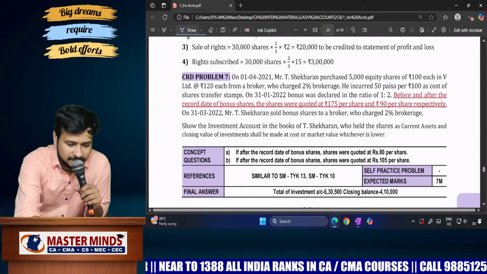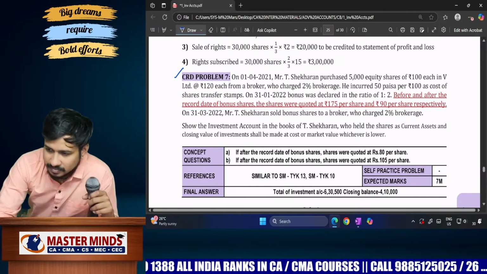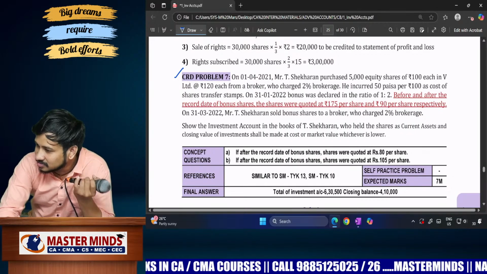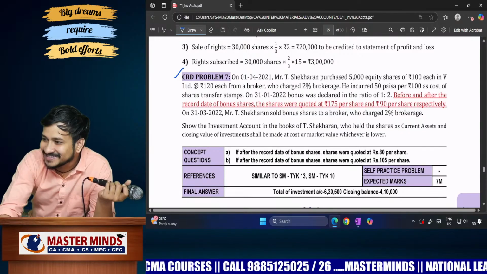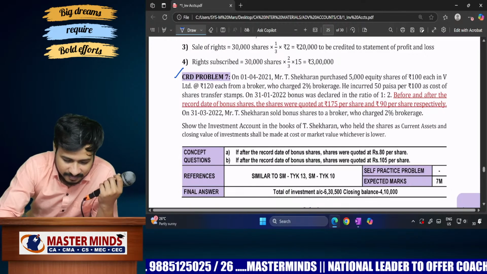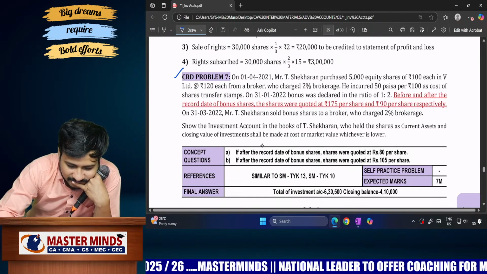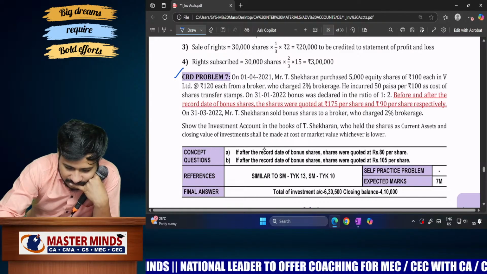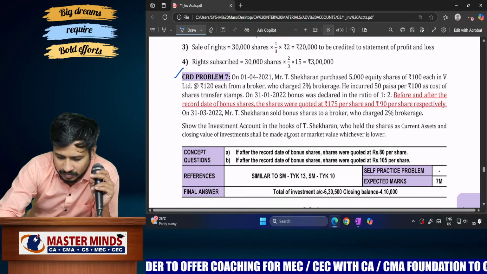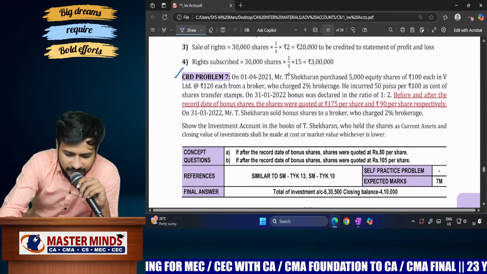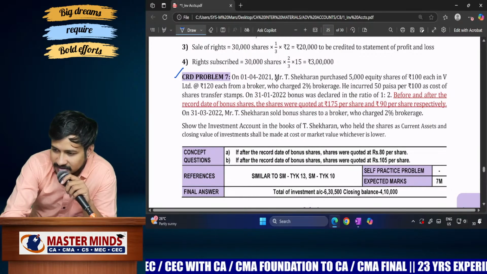CRT number 7. Please start reading. If you observe, again there is no opening balance in this question.